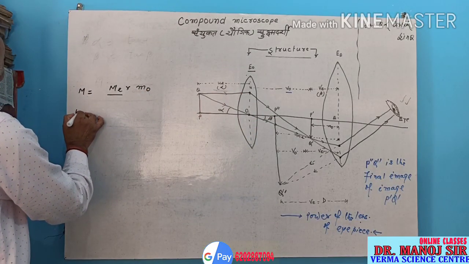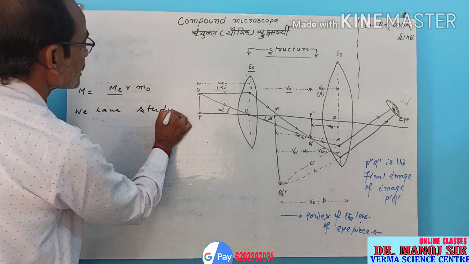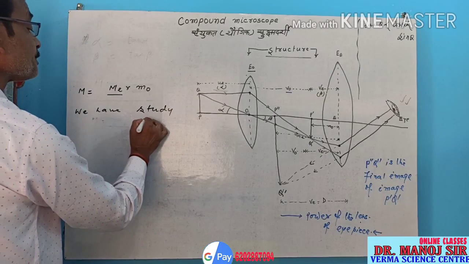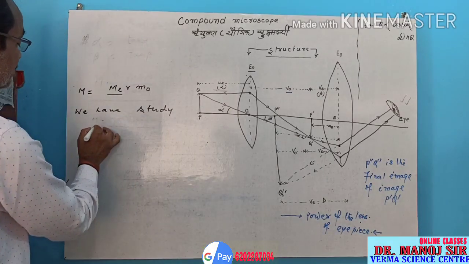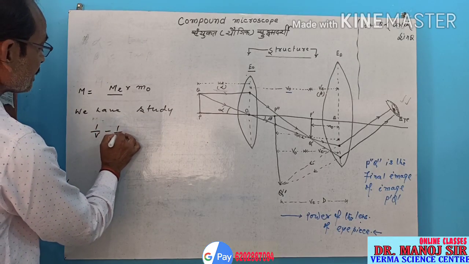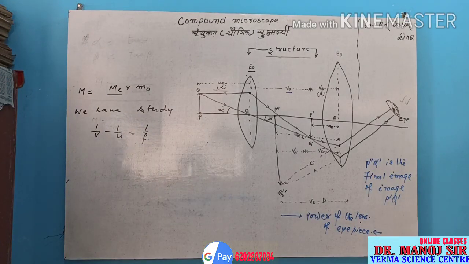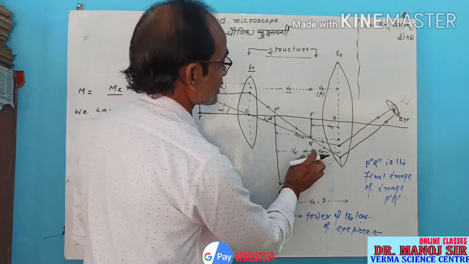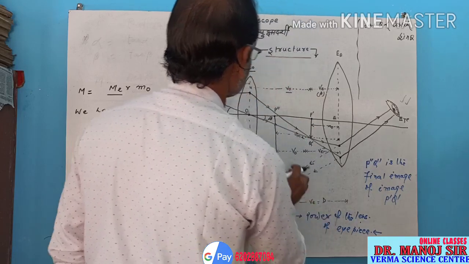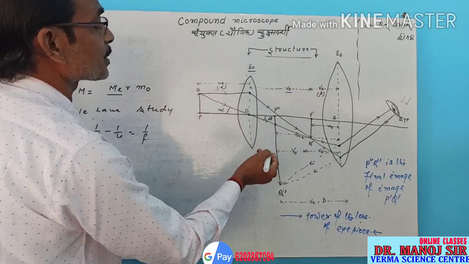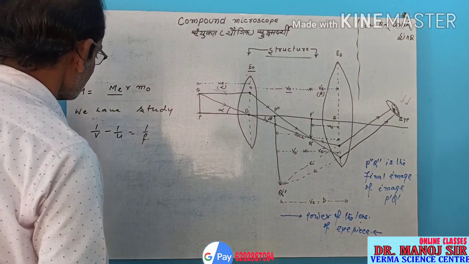We have studied the lens formula, that is 1 by V minus 1 by U equal to 1 by F. These distances VE and VO are the image distance and the object distance.